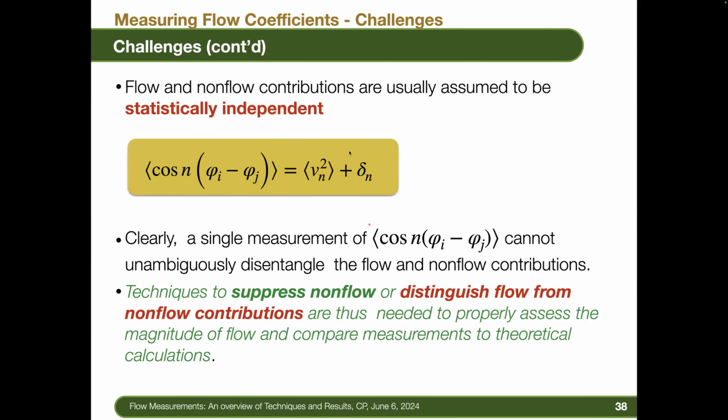So in general, when we talk about flow, we will look at the expectation value of the difference of a pair, phi i and phi j, and say this corresponds to the expectation value of Vn squared, plus a contribution from non-flow. It is generally understood that these two contributions are statistically independent of one another, so they are added linearly here.